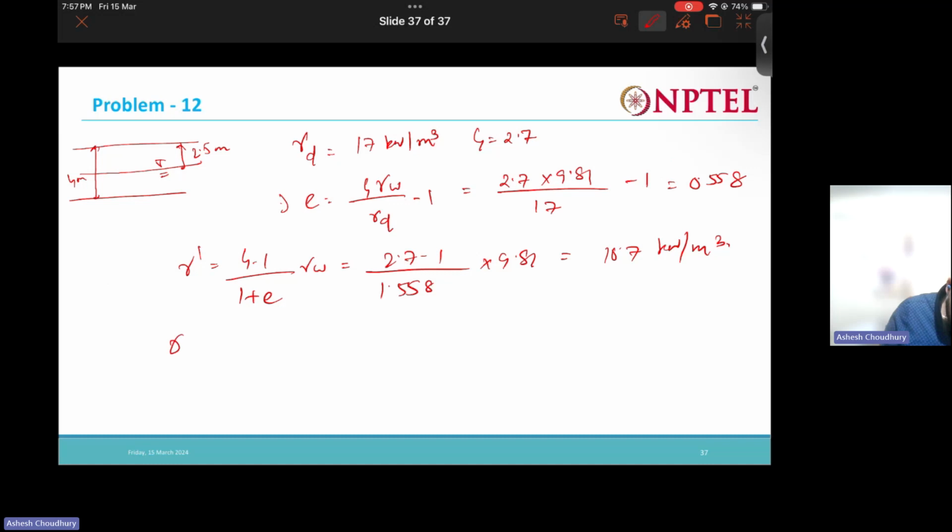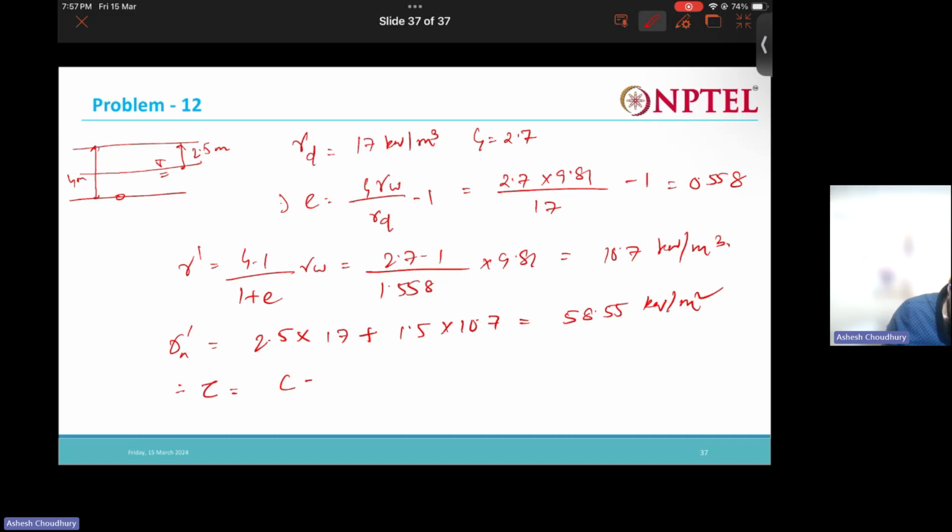Okay, the effective stress at this level is what? 2.5 into 17 plus 1.5 into 10.7 kilonewton per meter square.